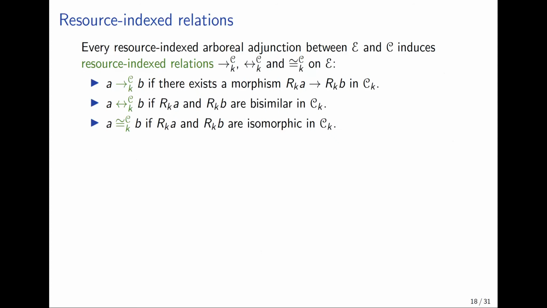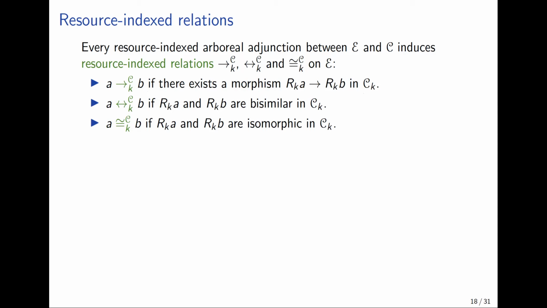All right, so what you can do once you fix this family of adjunctions is to define some resource-indexed relations on the base category E. So for instance, you can look at two objects A and B in the base category. And you say that there exists a k-morphism from A to B if there exists a bona fide morphism from R_k A to R_k B. So the idea is that you have two objects in the base category, you apply the right adjoint functor, and then you look at the homomorphism preorder, right?